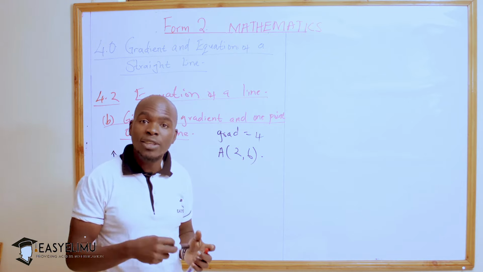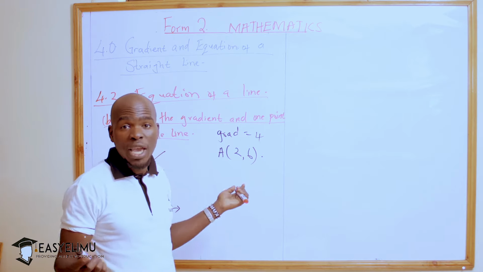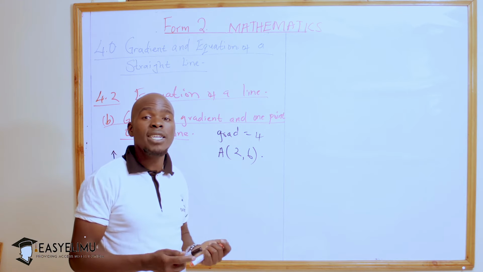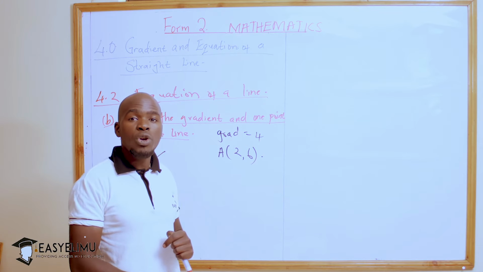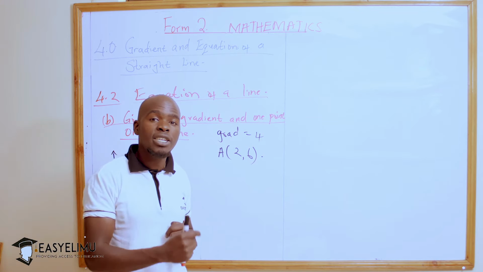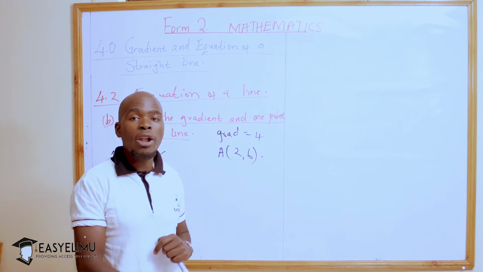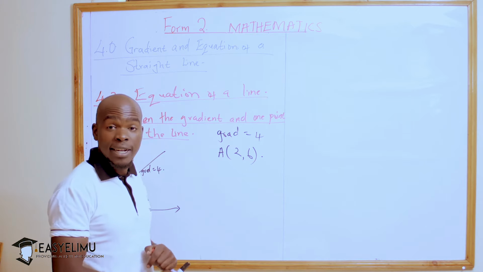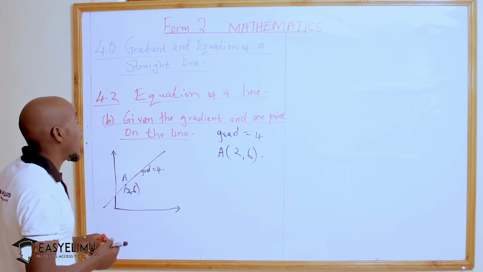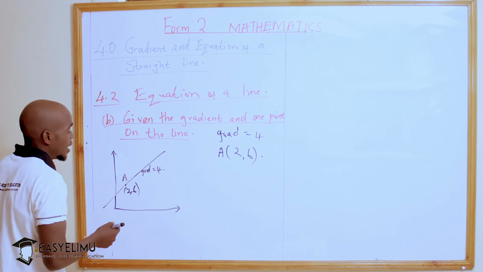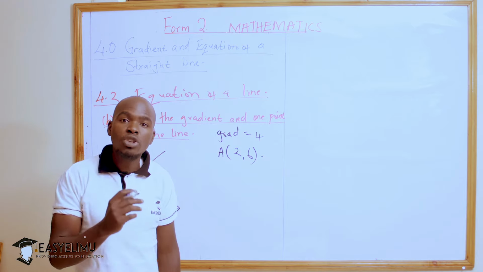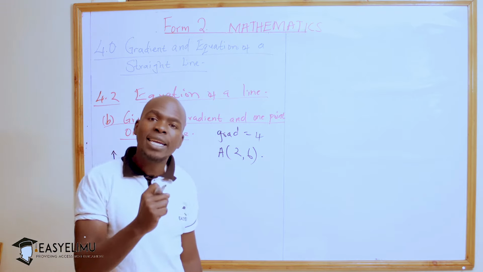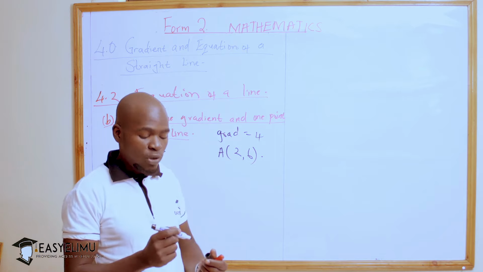To find the equation of that straight line is just the same procedure as we have done earlier. The only difference is that in the earlier procedure, we had 2 points, after which we had to find the gradient and then select one of the points on that straight line. The same procedure applies here, but in such a way that if you have been given the gradient and one of the points, to find the gradient you need 2 points on that straight line.